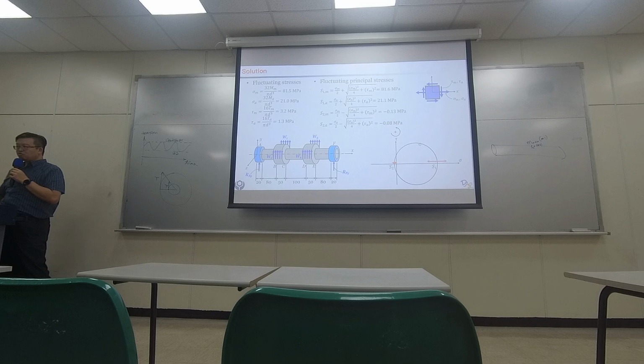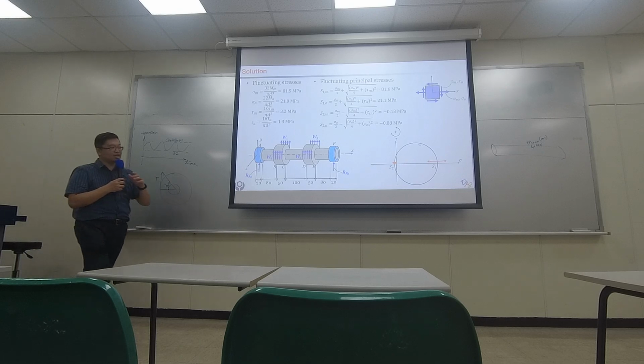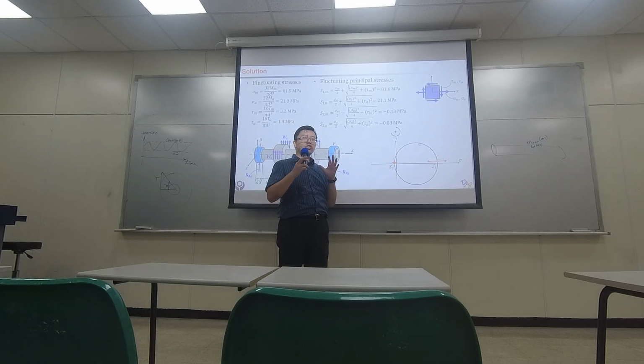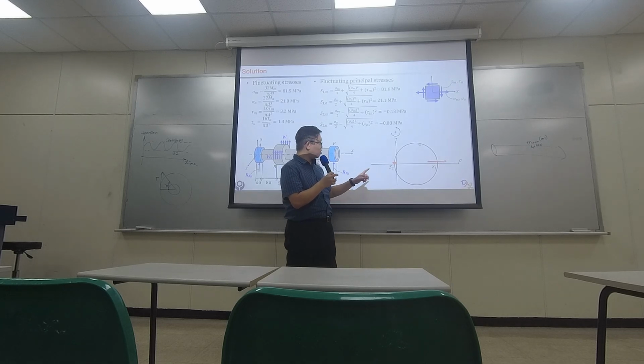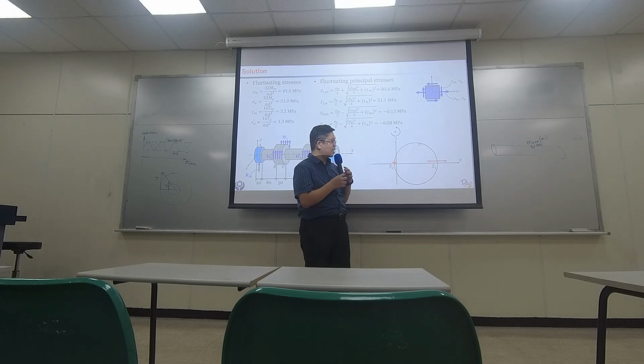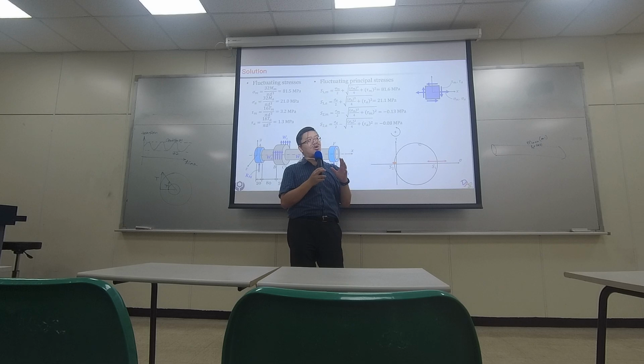So if you now work on the Mohr circle and try to evaluate the principal stresses, you realize the Mohr circle will be changing its shape with time. So when I draw this red arrow, it's actually representing the Mohr circle in two different conditions.